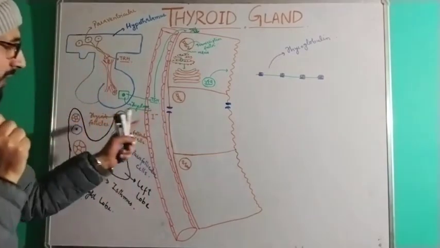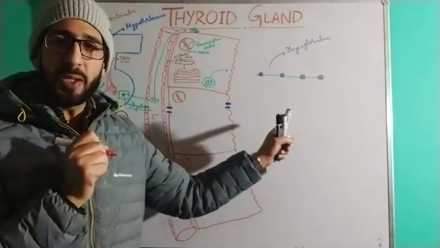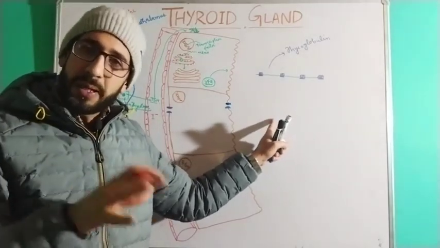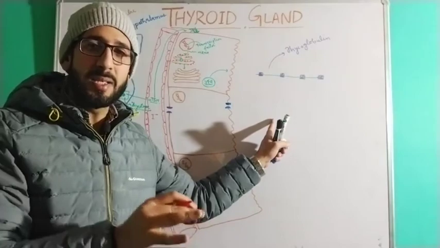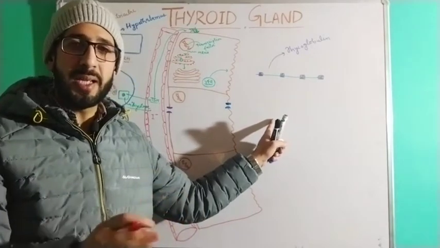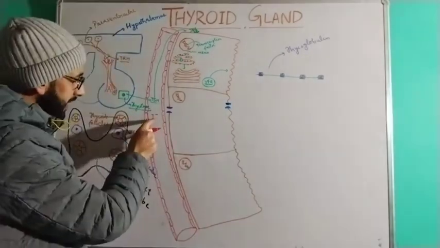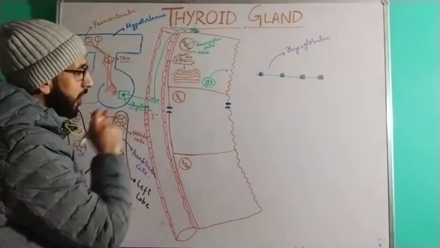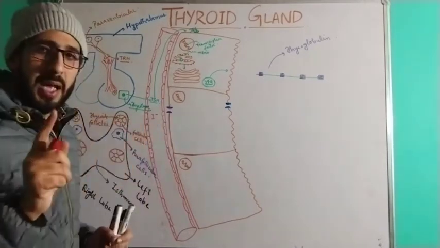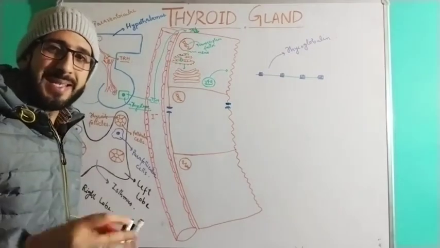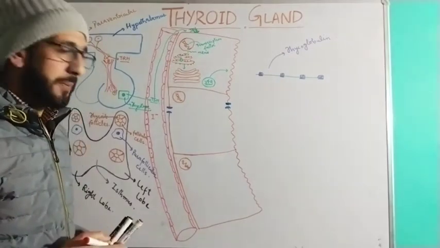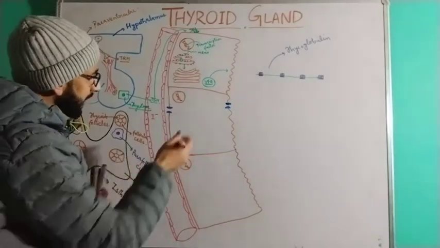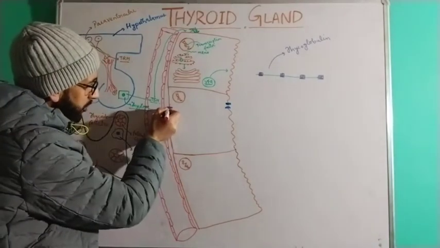So we need this iodine to be taken into the lumen, and then it will be involved in the synthesis of thyroid hormones, that is T3 and T4. Now what happens is that we have to take this iodide into the follicular cell. One more time, the iodine in the blood is in the form of iodide. Now iodide is taken into the cell through this special transporter here.